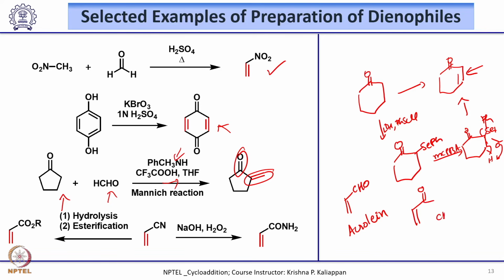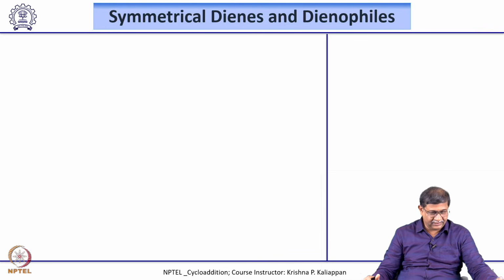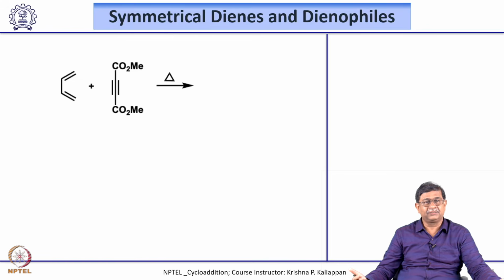So this is called methyl vinyl ketone, MVK. So this is also commercially available, and all this can be used as dienophile in 4+2 Diels-Alder reaction. So now let us see some simple example where your diene is symmetrical and same way dienophile is symmetrical.